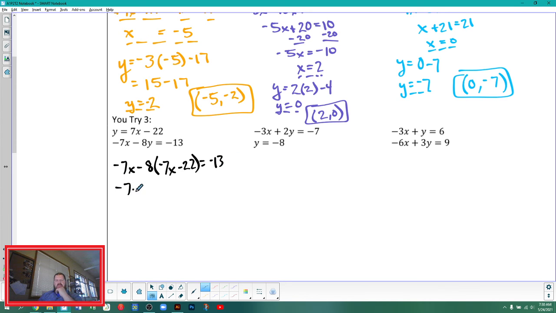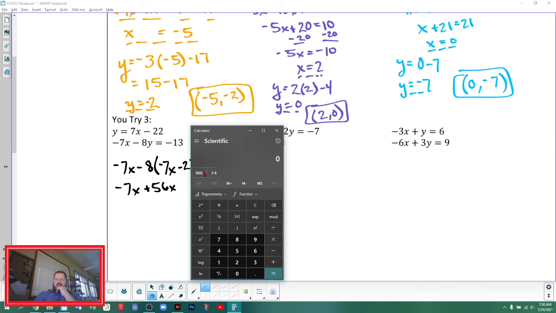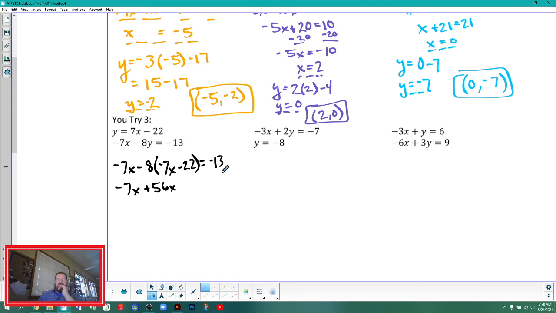And not only that, but when I distribute, I get 56x. And just to double check, 8 times 22, 176, which I would be concerned with such a big number, but I do have a big x value that I'm looking at. So I'm not too concerned yet.